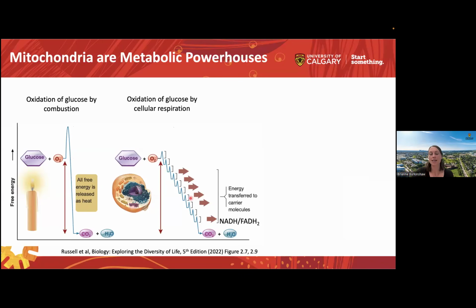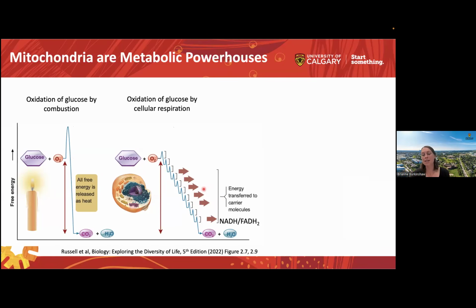So instead, the energy released through each of these reactions that occur during cellular respiration is going to be transformed into a different type of energy. This is where we start to get into these energy transformations. So instead, the energy that was present in glucose initially is going to be transferred to special carrier molecules in our cell.